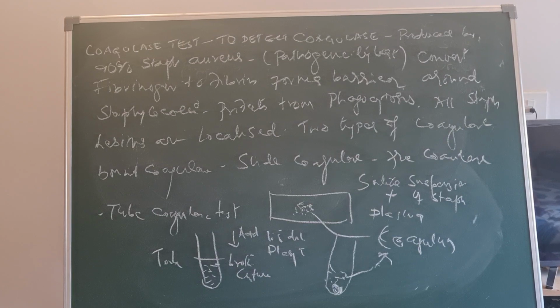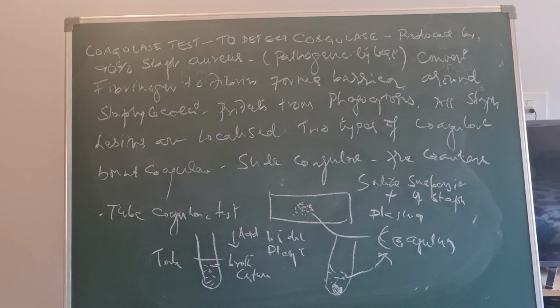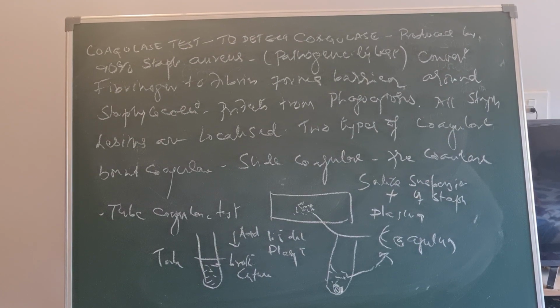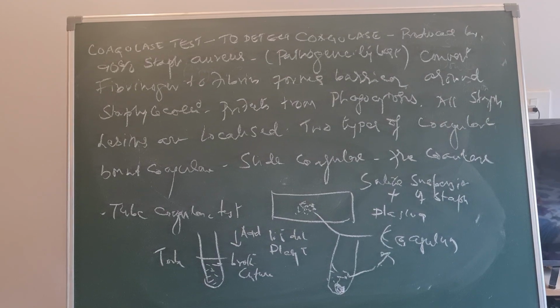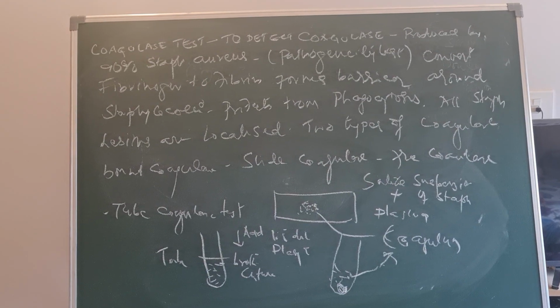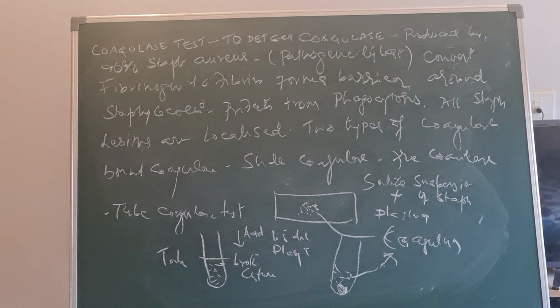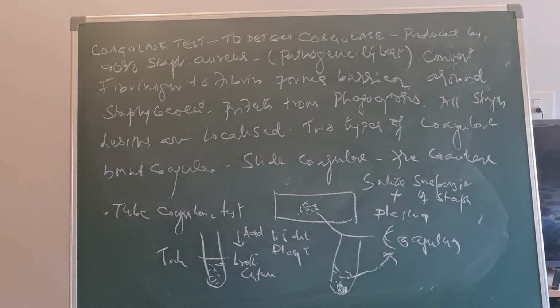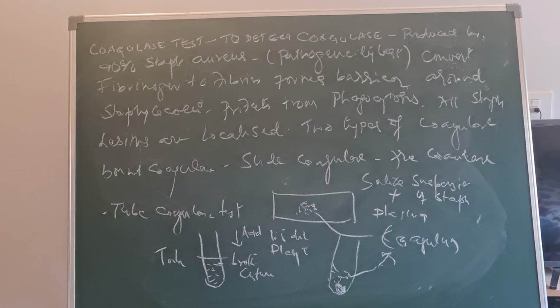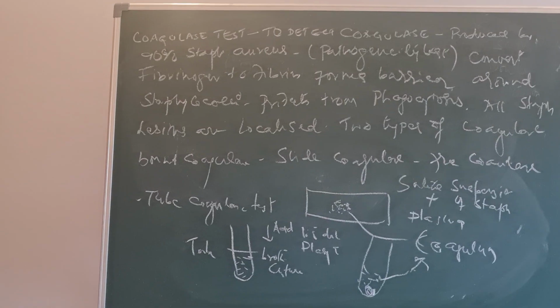Take the saline suspension of the organism, add undiluted plasma, there will be clumping. That is the slide coagulase test. Tube coagulase test: take 0.5 ml of the broth culture, add 0.5 ml of the 1 in 5 diluted plasma, incubate at 37 degrees for 4 hours for the formation of a thick coagulum at the bottom of the tube.